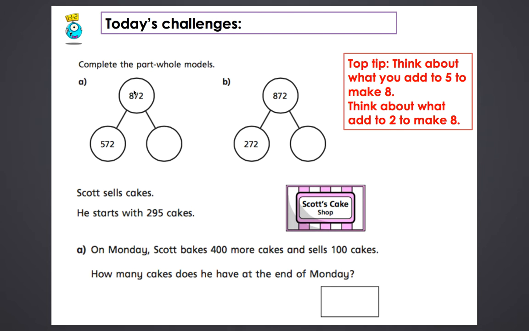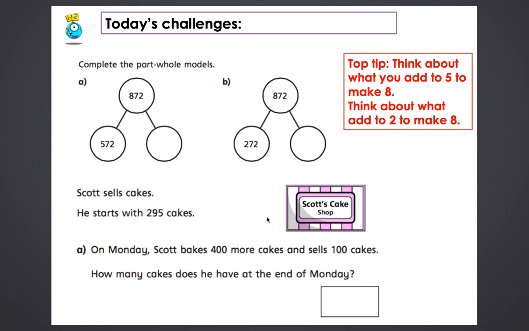Count on in your head if you need to. 5, 6, 7, 8. So we add 3. 5 add 3 makes 8. So 500 add how many hundreds would make the 800? Okay, and then do the same with this example here. Okay, how many hundreds would we add on to 200 to make 800? Okay, and then write your answer or draw your answer in your book into the circle here.